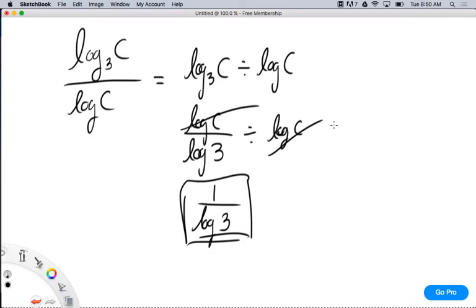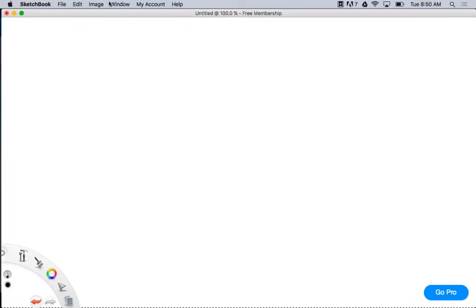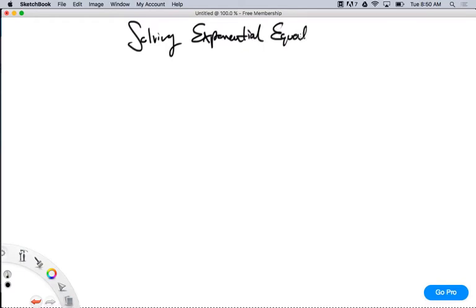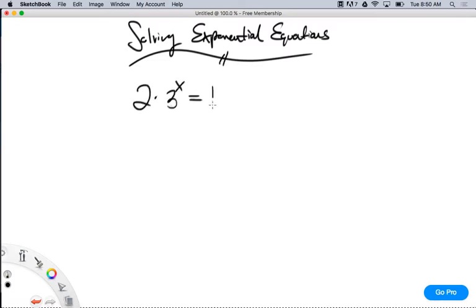Solving exponential equations. Now, I'm going to go straight to the harder ones. 2 times 3 to the x equals 12. Divide by 2. 3 to the x equals 6.